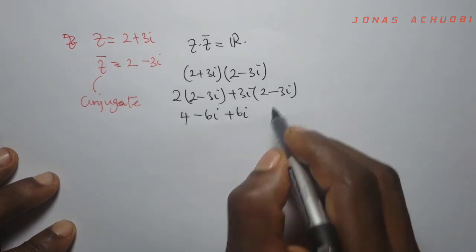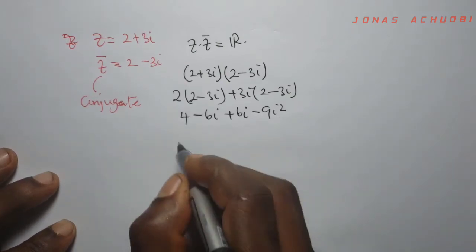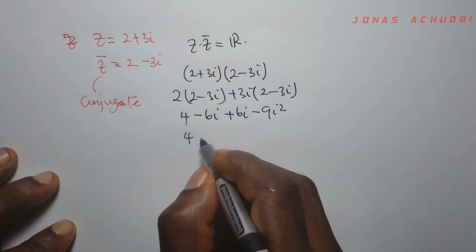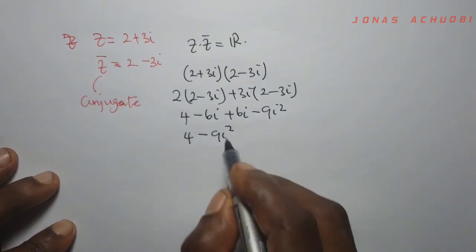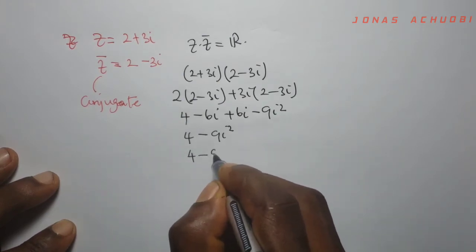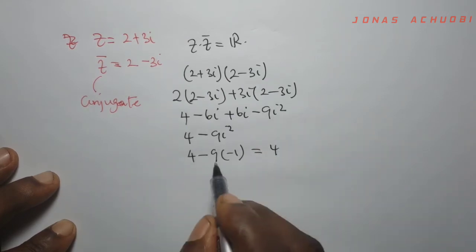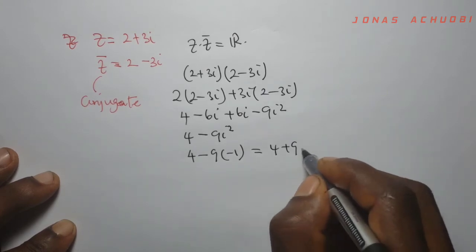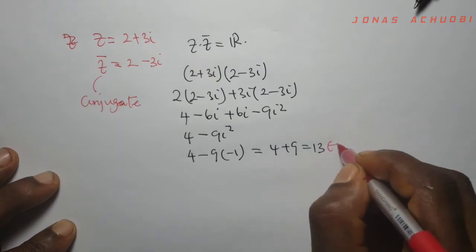And 3i times minus 3i is negative 9i squared. So this is 4 minus 6i plus 6i is 0. And what we have left is negative 9i squared. Recall again that i squared is equal to minus 1. So this becomes 4 minus 9 into minus 1. Minus 9 times minus 1 is plus 9. And 4 plus 9 is equal to 13. And what is 13? 13 is nothing but what? A real number.